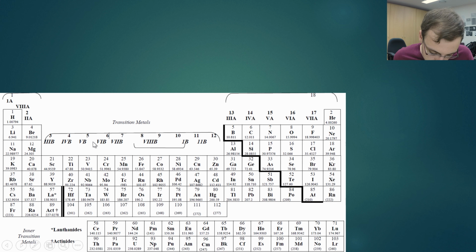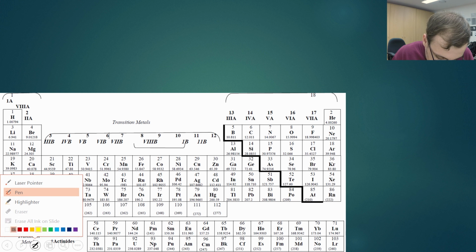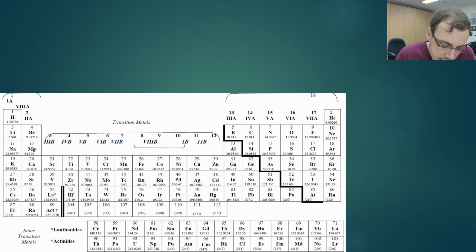So let's have a look here for manganese. Be careful to not confuse manganese with magnesium. So it's not this one. We're looking here. Again, we count across and down. We want to get to here.